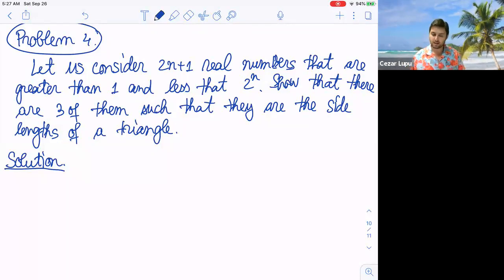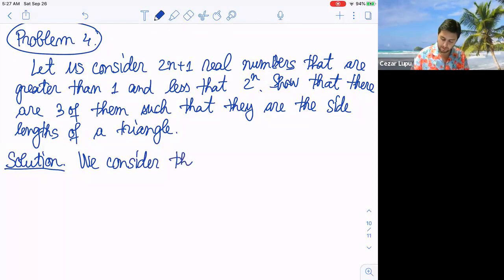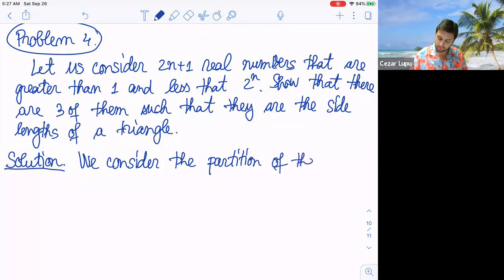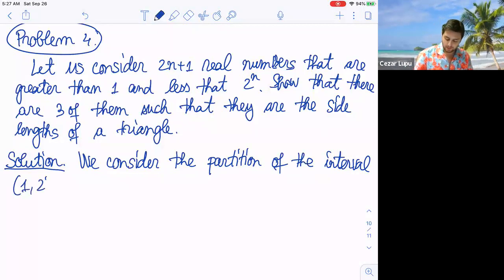So maybe I should divide this interval. We consider the partition of the interval 1, 2 to the n into n subintervals.